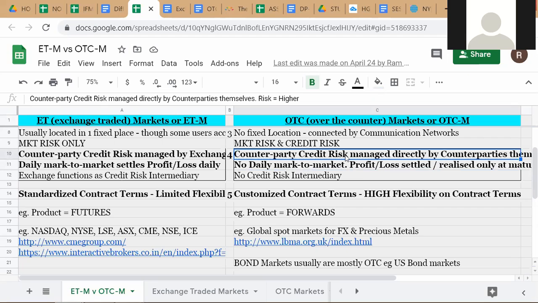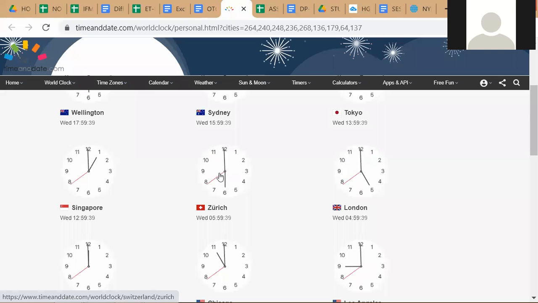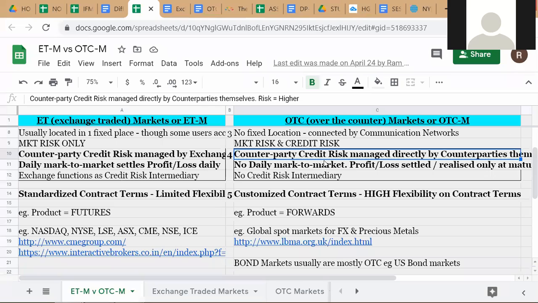What I mean by that statement is that when UBS Zurich is trading with BNZ Wellington, they are taking the risk of BNZ Wellington not paying, and vice versa. So in that sense, it is managed by the counterparties themselves.